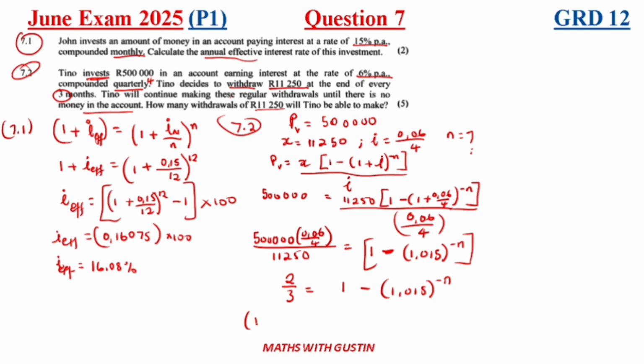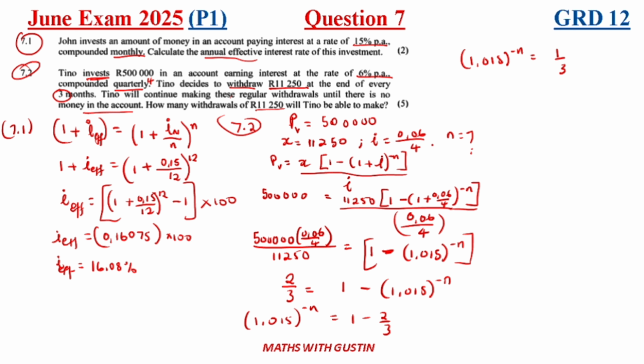This is just algebra. So 1.015 to the power of negative n is equal to 1 minus 2 over 3. So now with this, you can say, what do I need? I need to find the value of n, guys. 1 over 3 is our answer.